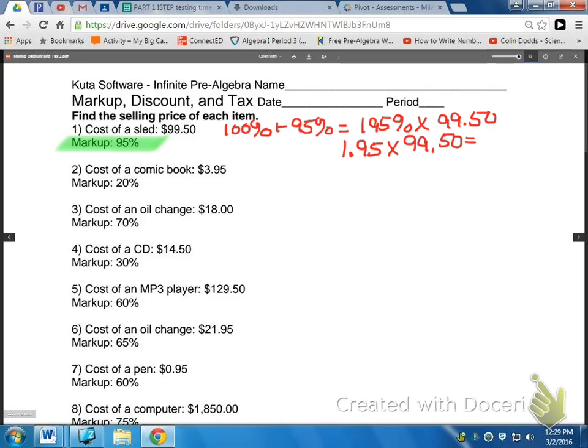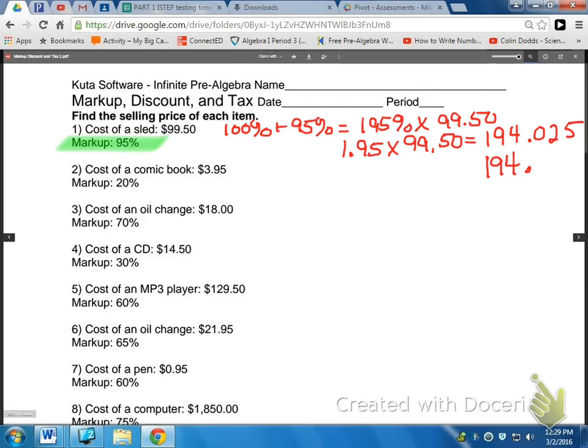So 1.95 times 99.50, and it says 194.025 on my calculator. So what are we going to say in dollars and cents, Justin? 194.0. Nope, because we're talking money.